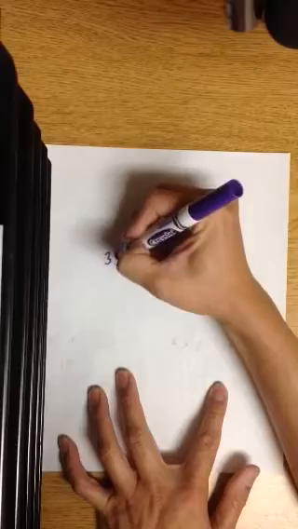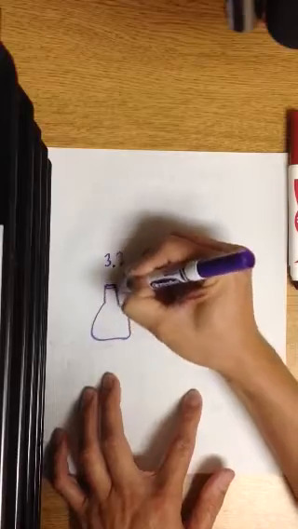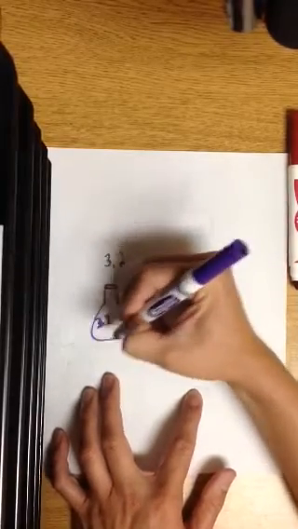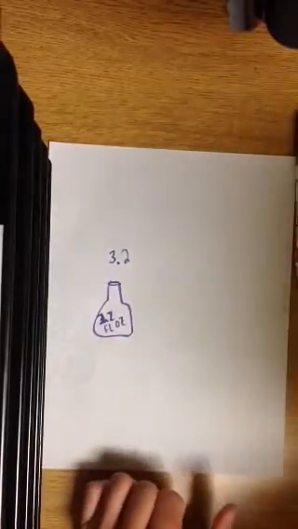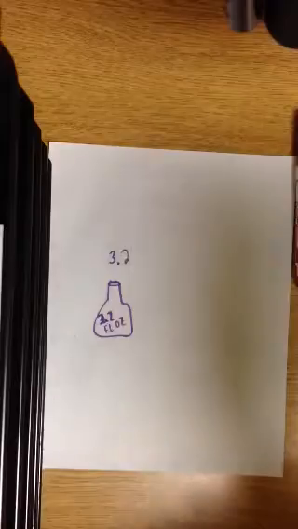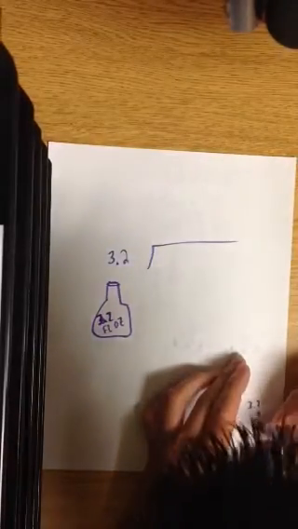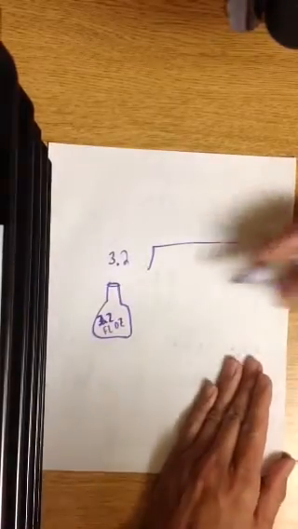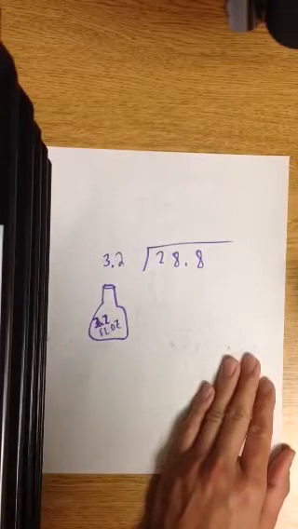So what if you have a question that looks like this? You have a bottle. This bottle has 3.2 fluid ounces of liquid. Imagine you drank 28 and 8/10 fluid ounces of liquid that day.